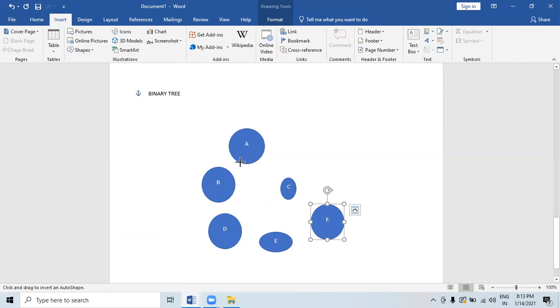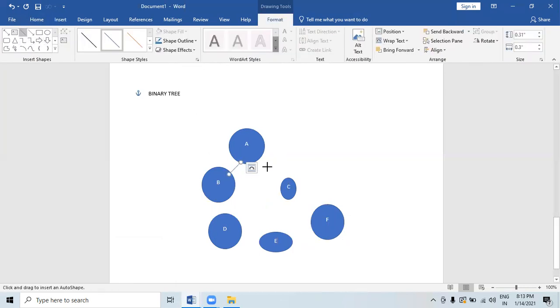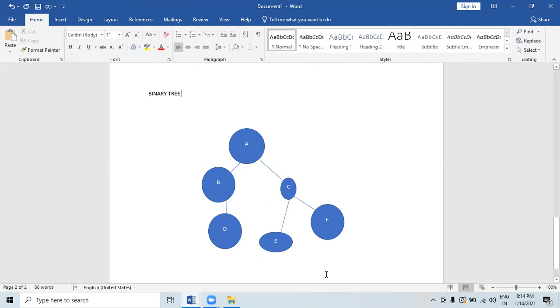I'm giving a connection like this, then connection, connection, then this is called the link. These are the parents of E and F. So this is the type of binary tree.